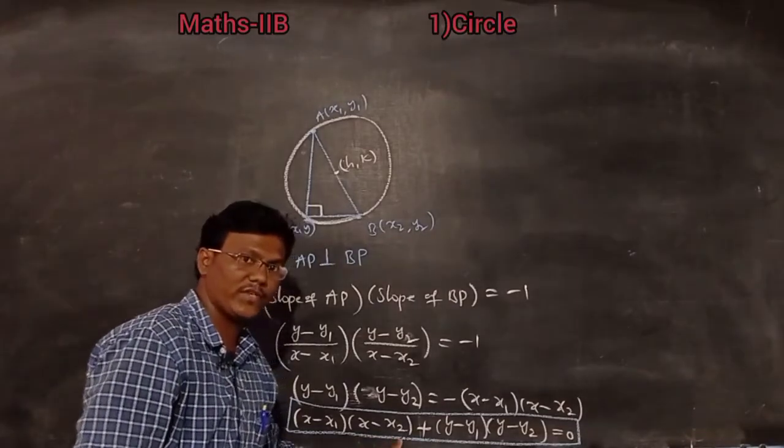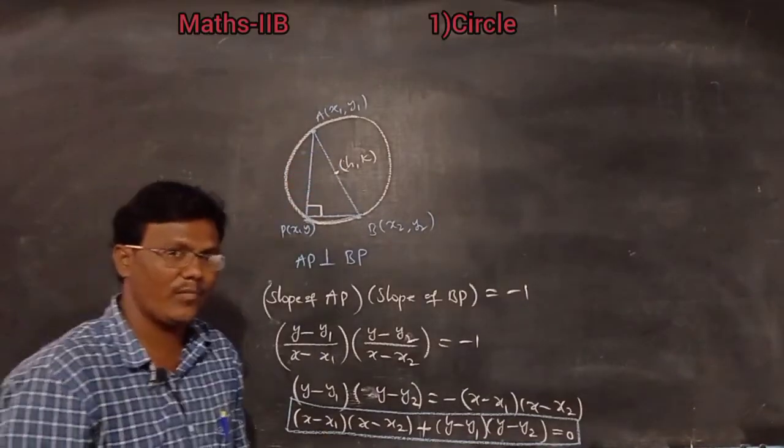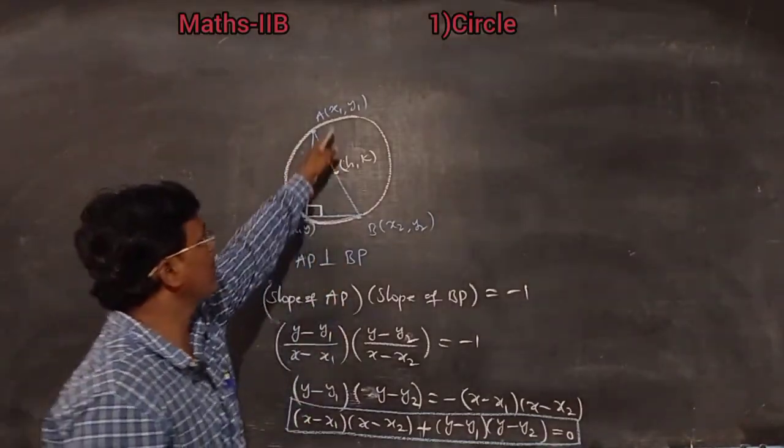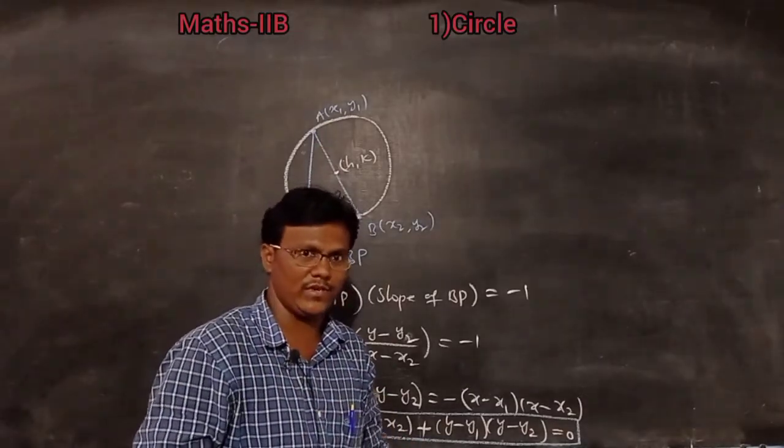When we use this circle equation, if you know the end points of the diameter, then substitute those end points in this formula and we get the circle equation. Do you understand?